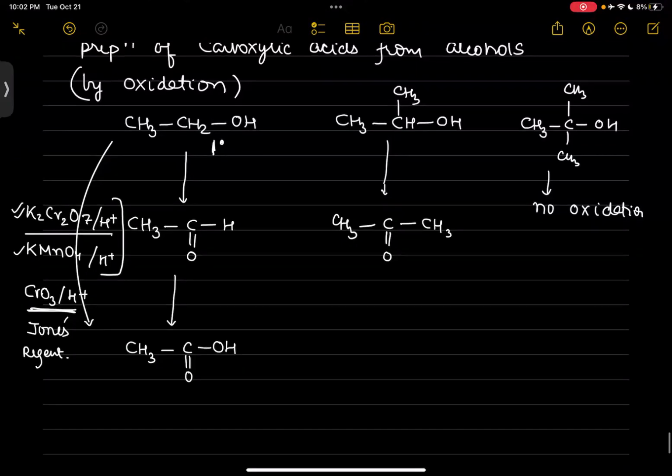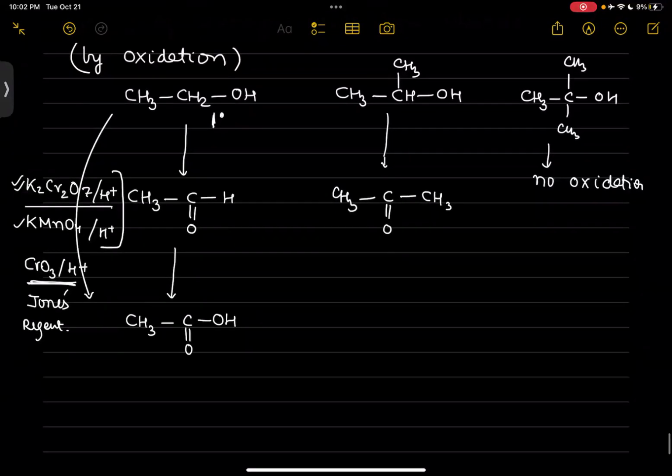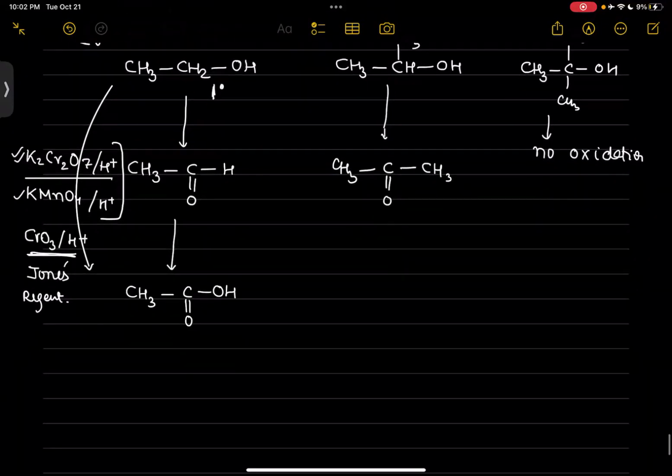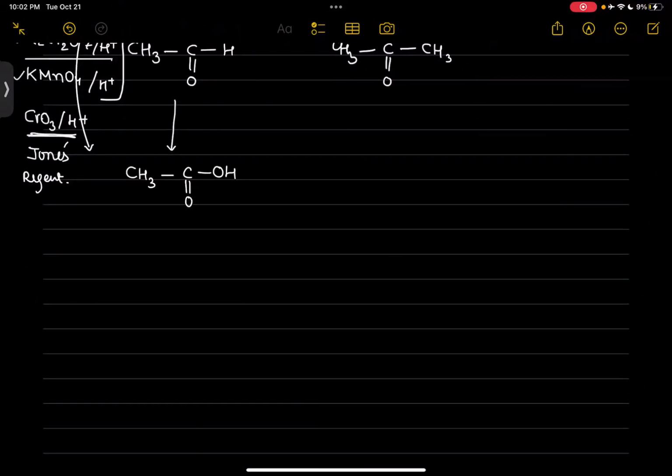So this I hope is clear. Oxidation, preparation by oxidizing alcohols. So let's do one conversion. Can you convert ethane to ethanoic acid?